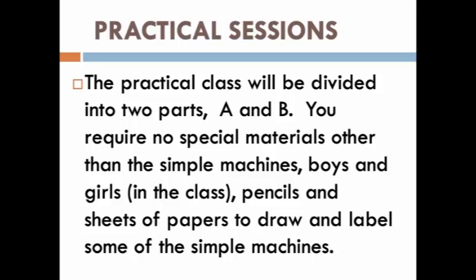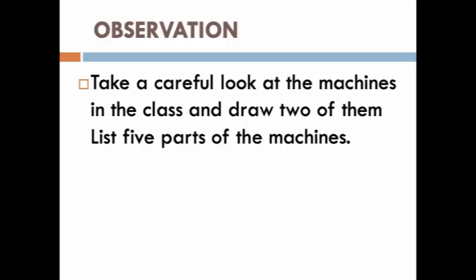You are going to draw simple machines and label them appropriately. Then you take a look at simple machines in the class and draw two of those machines. Now, among yourselves also, we discuss in detail the relevance of each machine in our science practical classes.